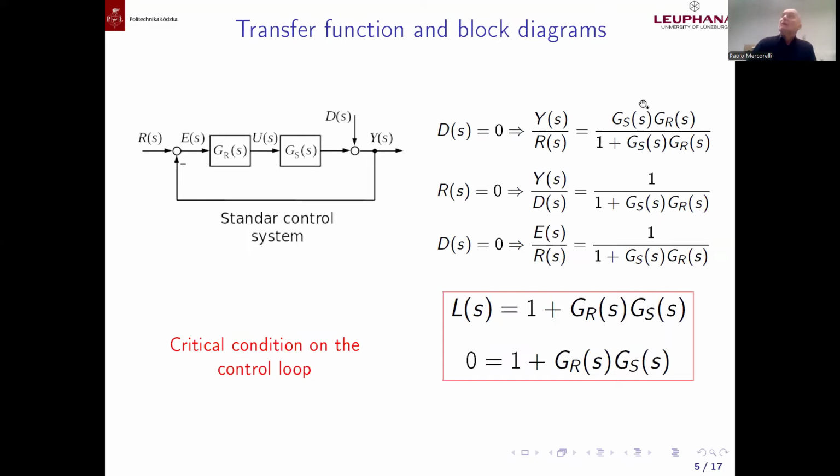Look, do you remember I told you that for each transfer function in the loop, y divided by r of s, y divided by d of s, e divided by r of s, we have the same denominator.